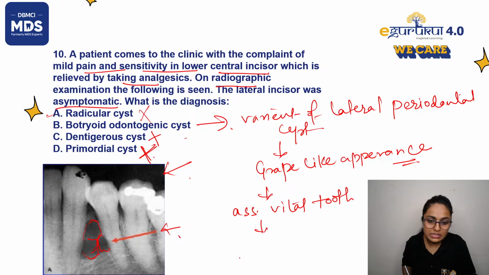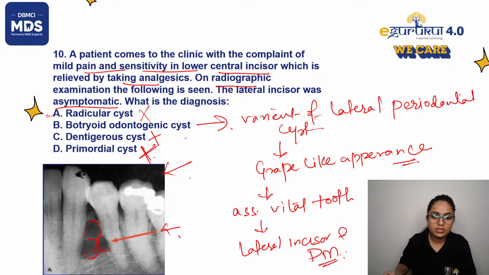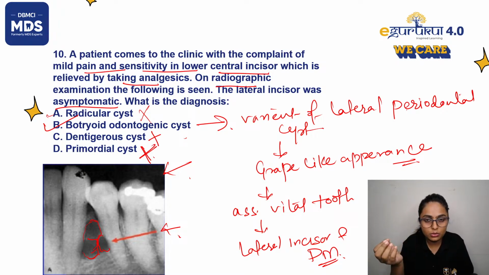Common sites are the lateral incisor and premolar. So the answer for this question should be option B, botryoid odontogenic cyst. These uncommon cysts, not commonly seen in practice, can be asked as MCQs, so you should be thorough with uncommon cysts and tumors.